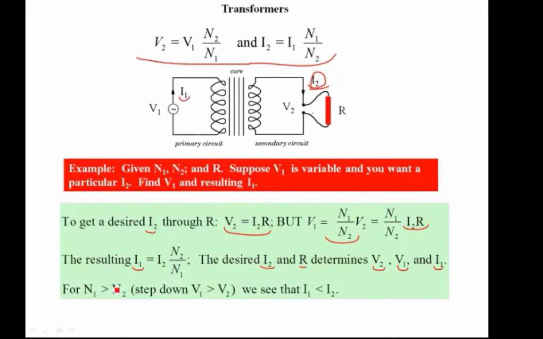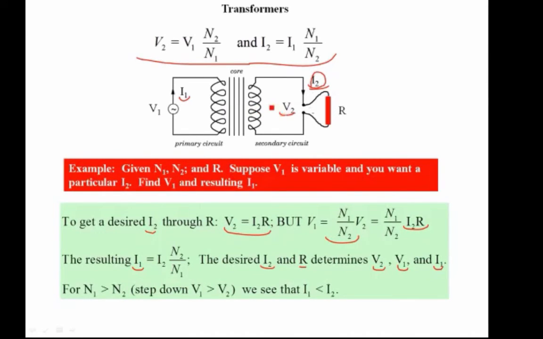Just realize that if you have N1 larger than N2, it's stepped down. So whatever V2 you determine from Ohm's law here, if it's stepped down, V1 has to be larger than this voltage here. If you do it the other way around, so that you have step up, then to get that same voltage, which is required to supply I2, V1 can be smaller than V2.